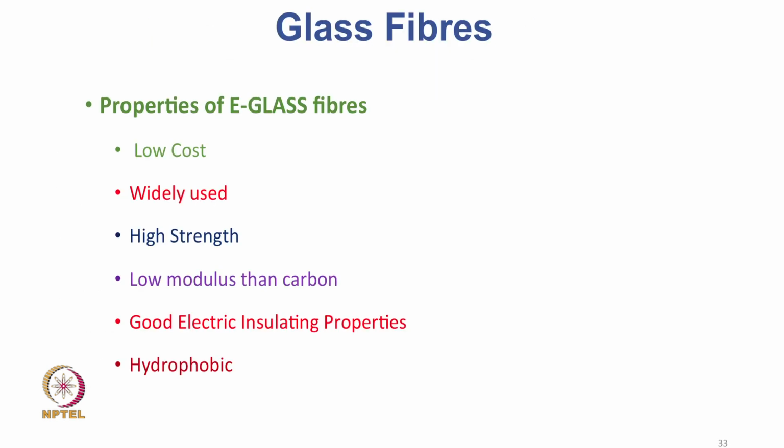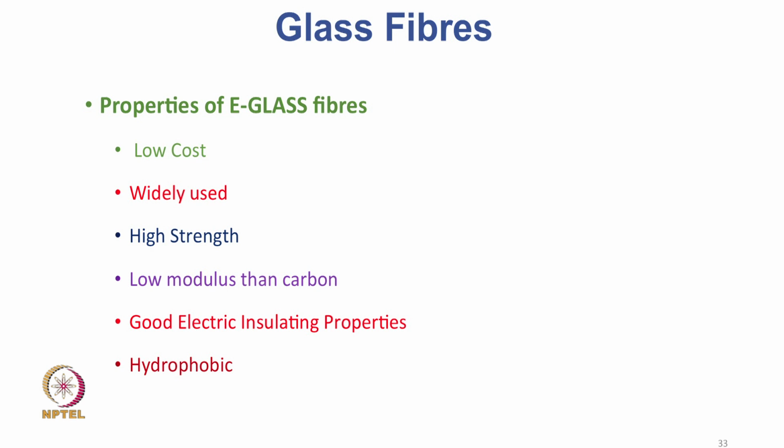So, if we see the characteristics of these reinforcing fibers, the E glass, which I have already mentioned, is the most commonly used fiber. It has high strength, good water resistance, good electrical insulation property and lower stiffness.